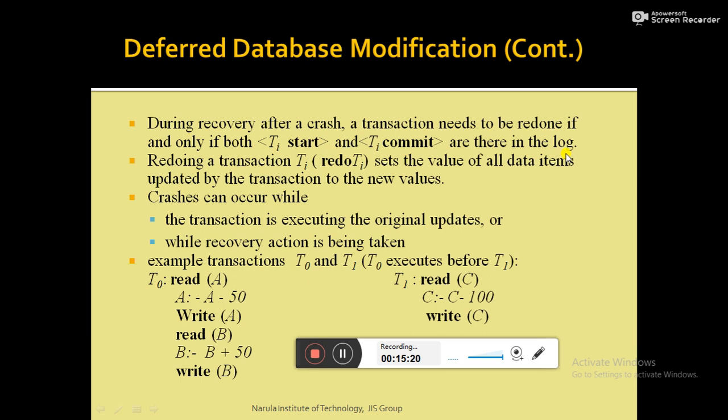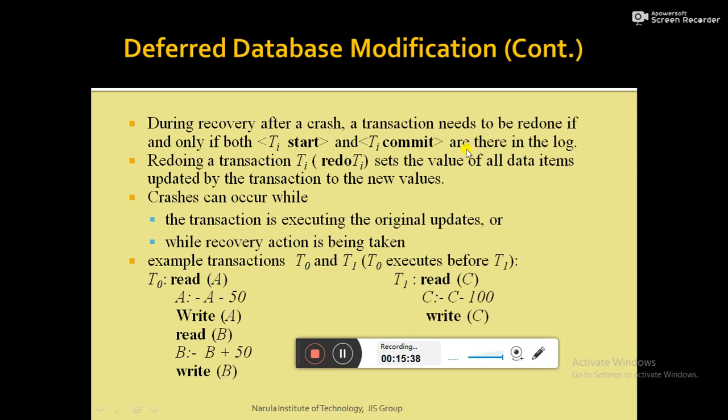Once the system has crashed, when we restart it, we will redo the transaction if we find the Ti start and Ti commit records in the log.